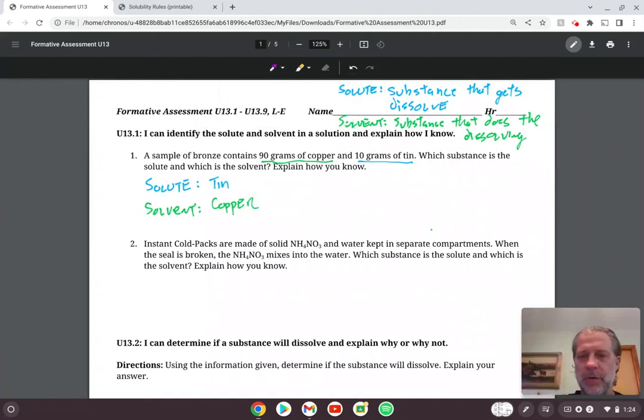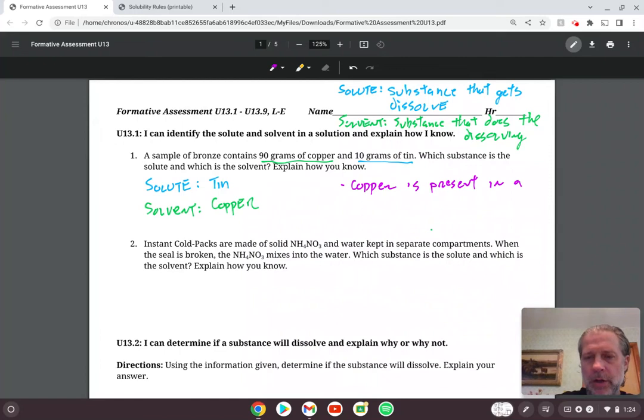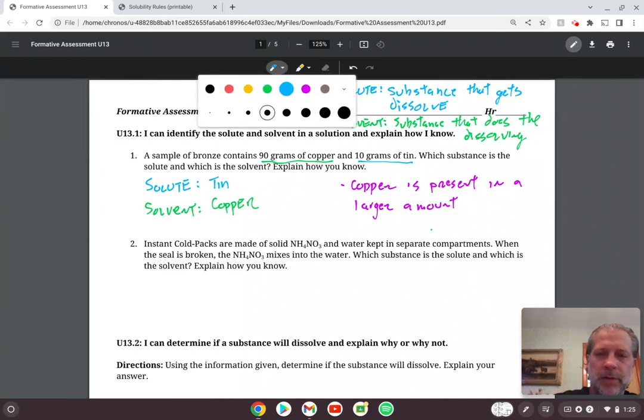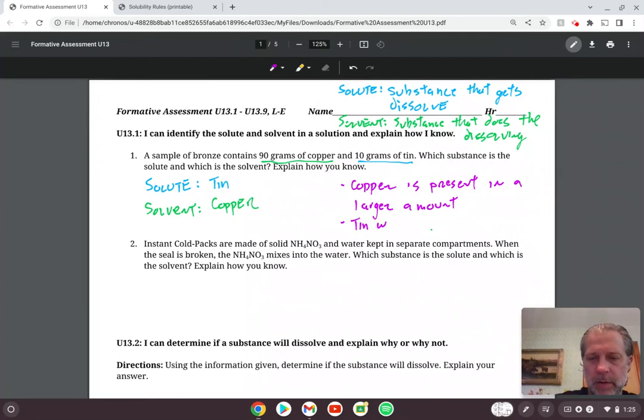Now, the next part is you have to explain how you know. In this case, there's a couple of things we might be looking for. We might say that copper is present in a larger amount, and that's probably the most obvious in this case. Another thing we could say is that tin will be dissolved by copper, be surrounded by copper.